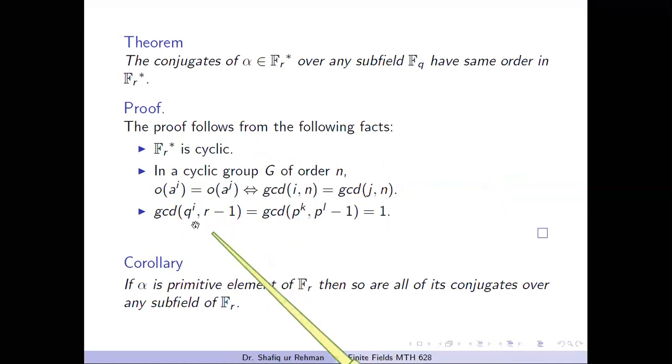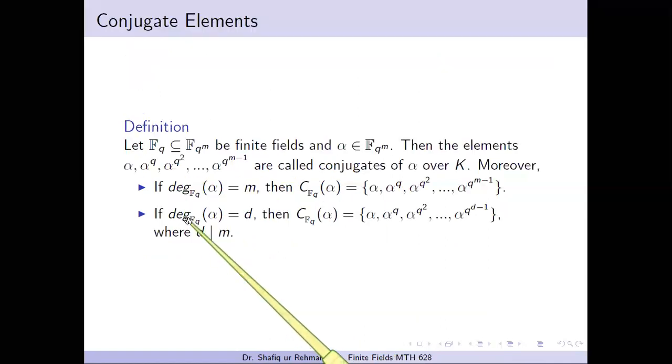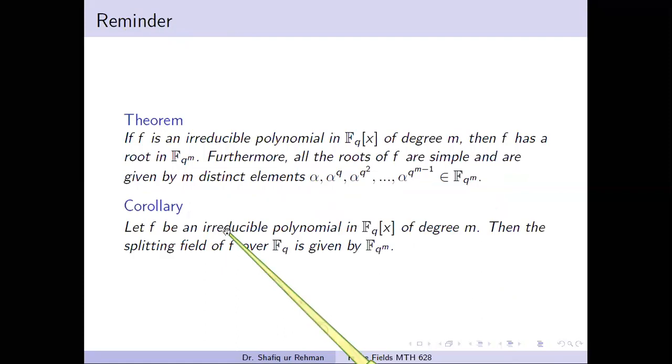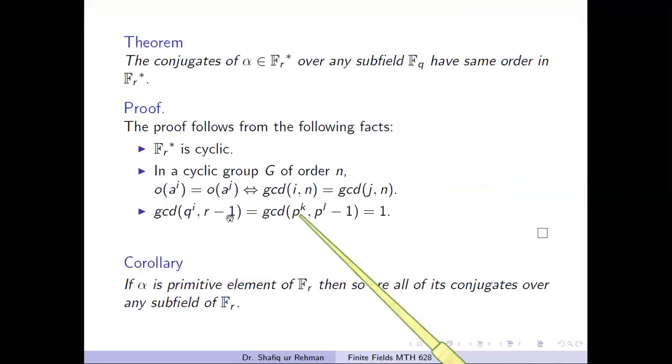And notice that any power of these elements is taken in the form of q to the i, and r minus 1 is the order of the group. We know that q is some power of a prime, and r is also a power of the same prime, and we can easily show that the GCD of these two is 1.